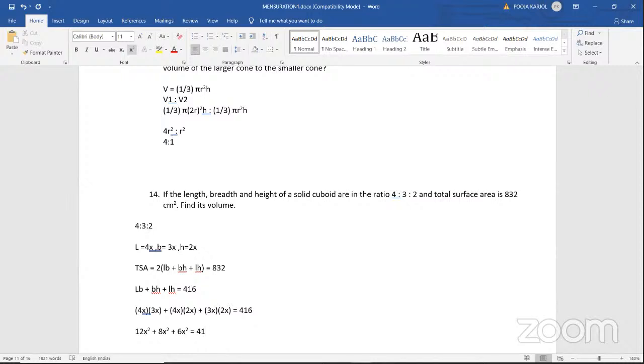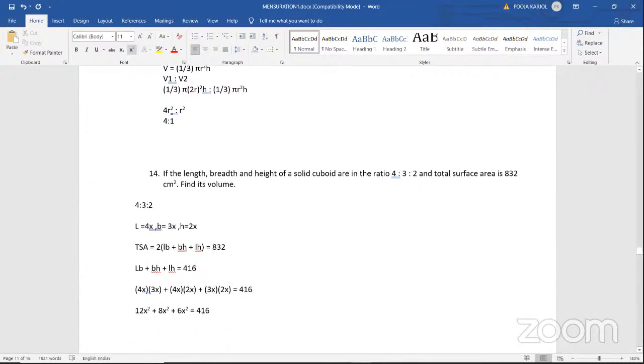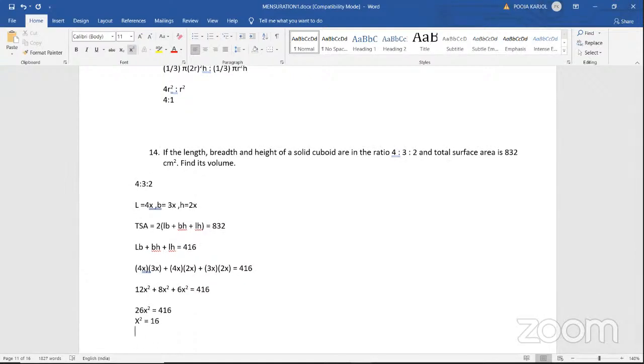If you add all of them, what will you get? 26x square equal to 416. x square is equal to 16. Now, x can be either plus or minus 4, but this is a room. This length cannot be negative.